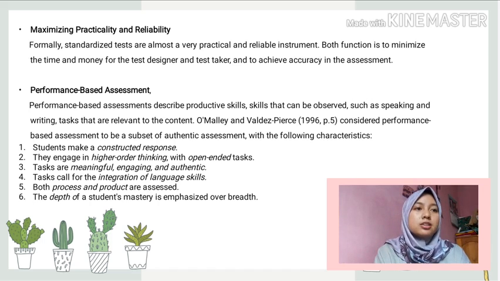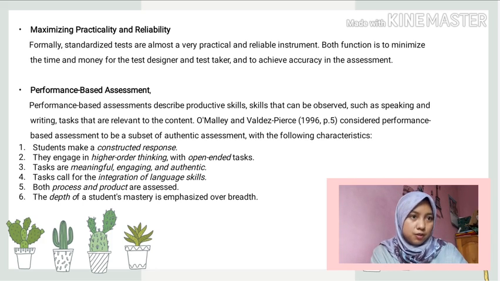Performance-based assessments describe productive skills that can be observed, such as speaking and writing, tasks that are relevant to the content. O'Malley and his peers consider performance-based assessment to be a subset of authentic assessment with the following characteristics. First, students make a constructed response.